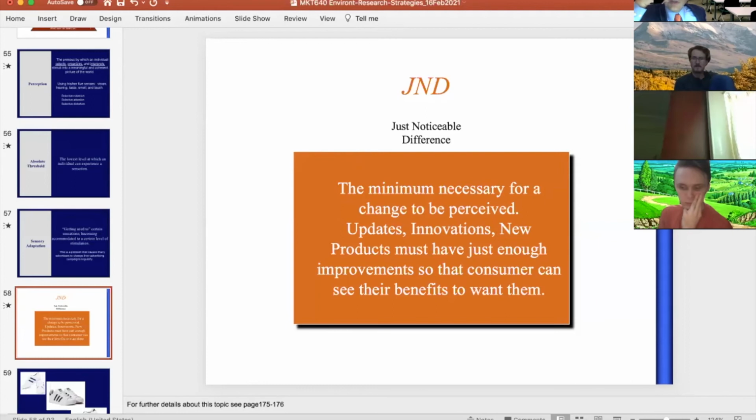The JND says that in order for a business to keep on growing, they always have to propose something that is just a little bit different, just a little bit better than what everybody does. If you're too different, they won't buy you, besides a small fringe of people. And if you're not different enough, they're not going to see the benefit of buying your product.